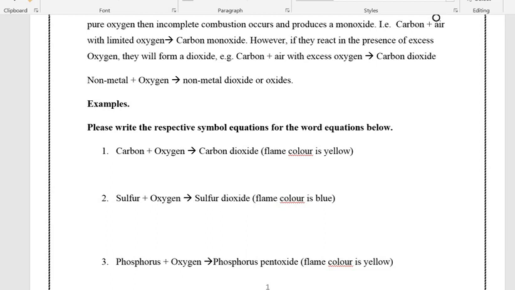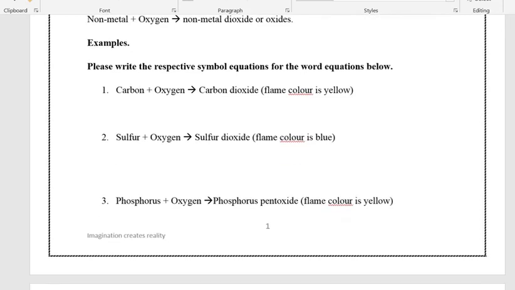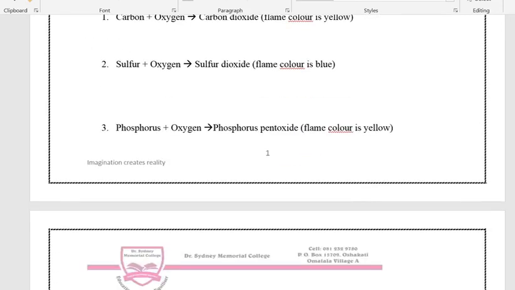Okay? So the important thing to note here, what we are mostly concerned with, is the knowledge that when nonmetals react with oxygen, so you're thinking of a nonmetal, carbon, sulfur, phosphorus, yes? Think of one of those nonmetals, the equations are there. When these nonmetals react with oxygen, they form acidic oxides.